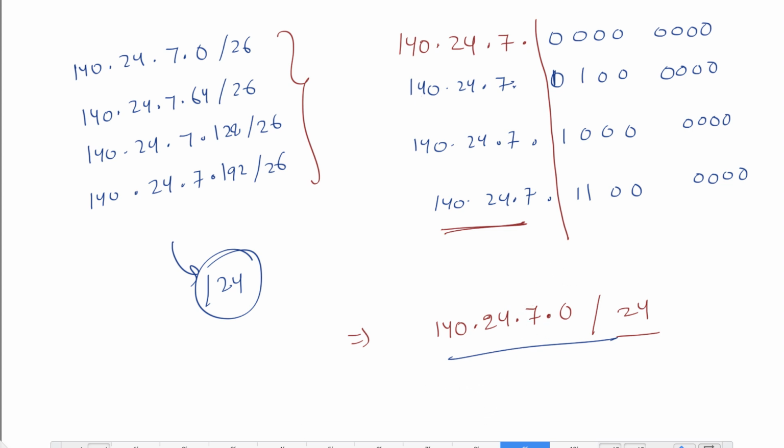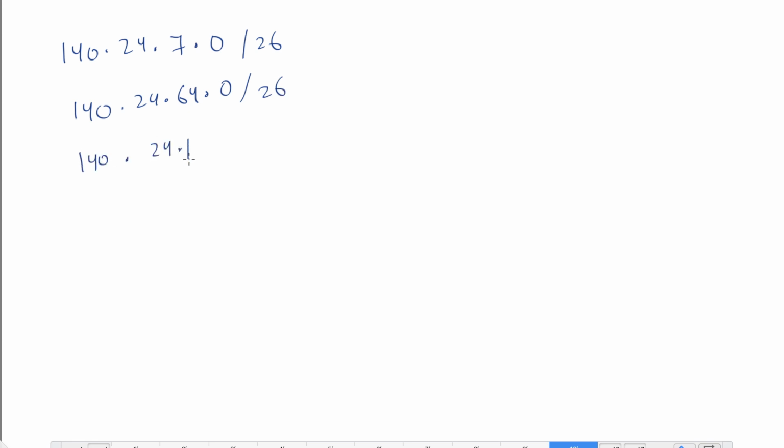Now suppose there are some networks like this, which is 140.24.7.0/26, and then 140.24.64.0/26, 140.24.128.0/26, and then 140.24.192.0/26.